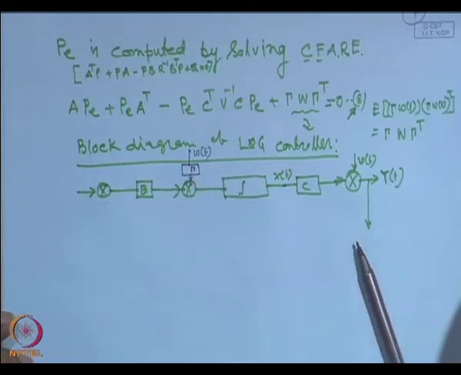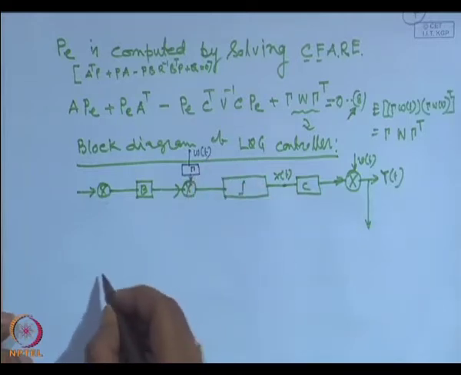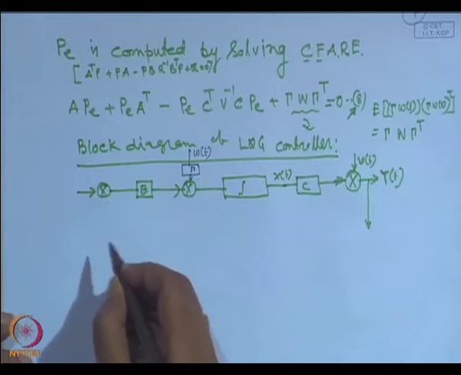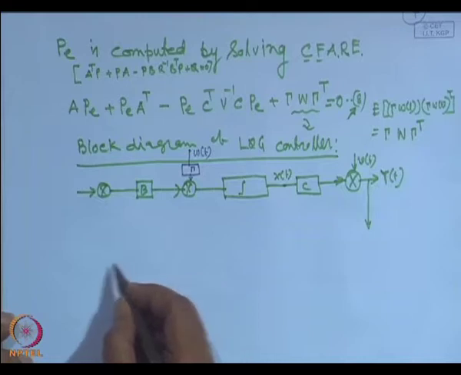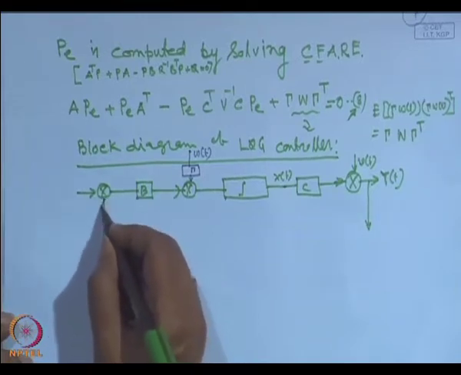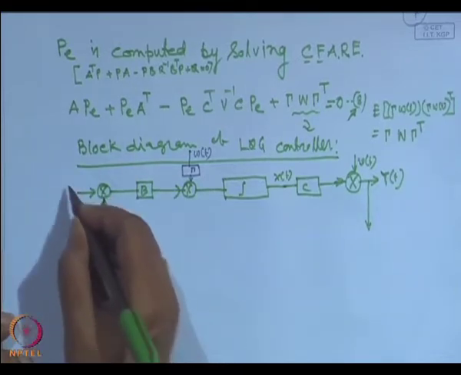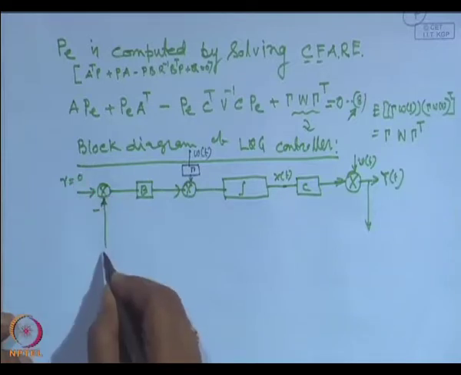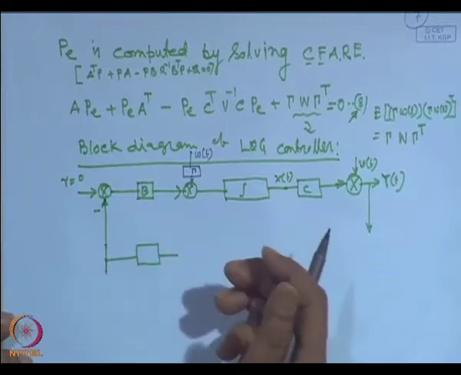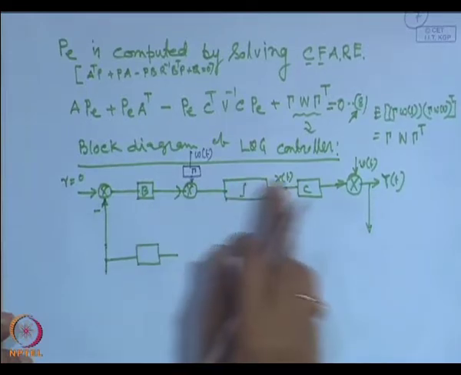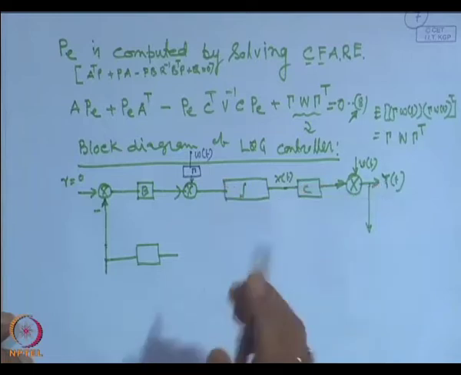Again, you can see here the reference input, let us consider it 0, then we have B. The structure of the estimator is the same as the structure of the actual plant.